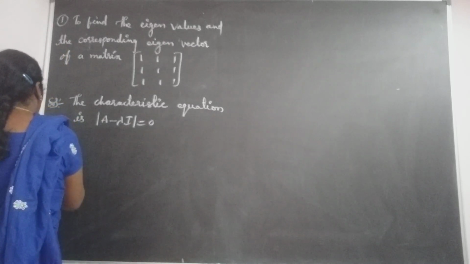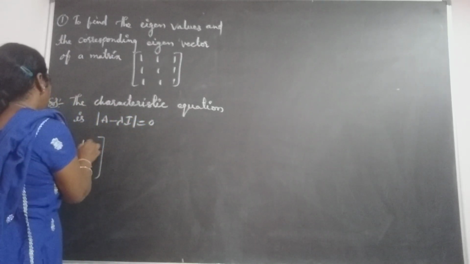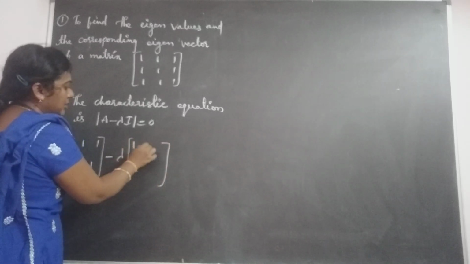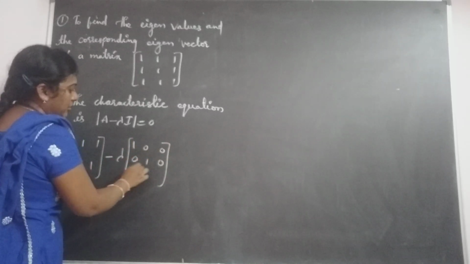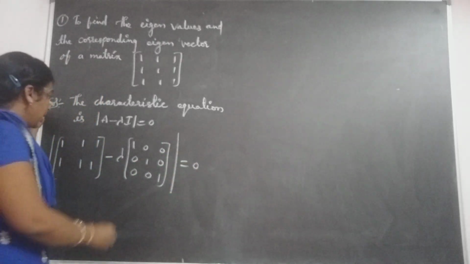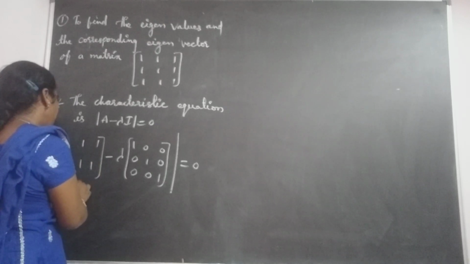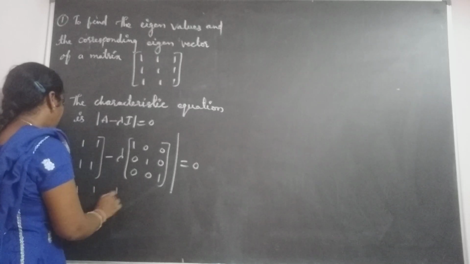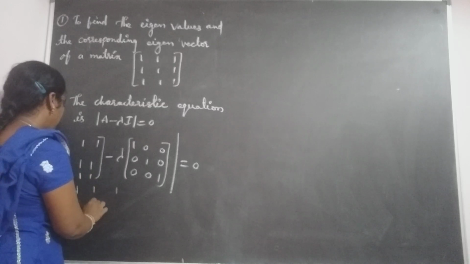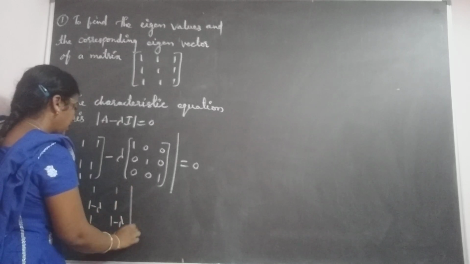So take the matrix 1 1 1, 1 1 1, 1 1 1 minus lambda into the identity matrix 1 0 0, 0 1 0, 0 0 1. Its determinant is equal to 0. The determinant is |1 minus lambda, 1, 1; 1, 1 minus lambda, 1; 1, 1, 1 minus lambda| equal to 0.